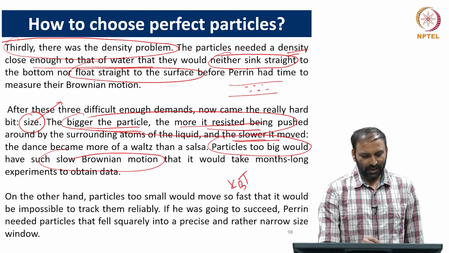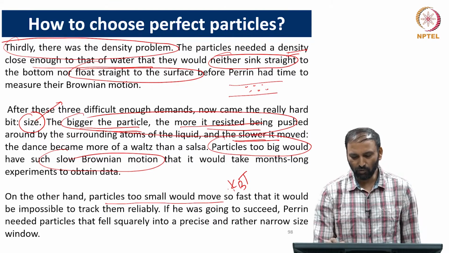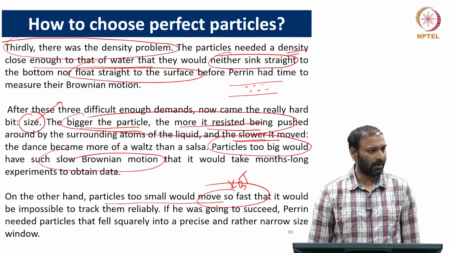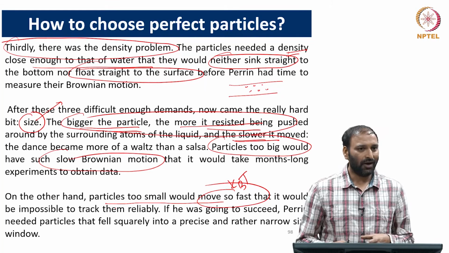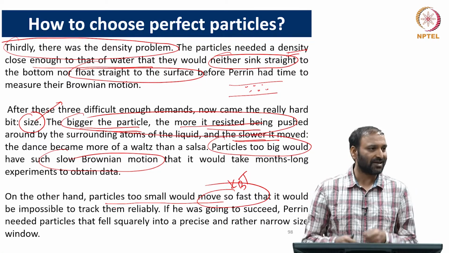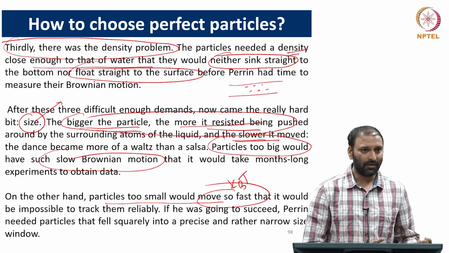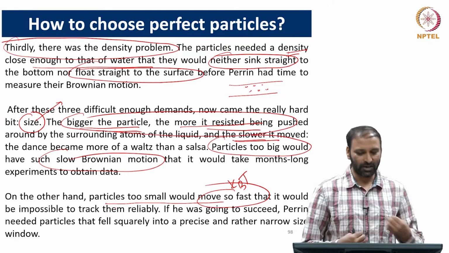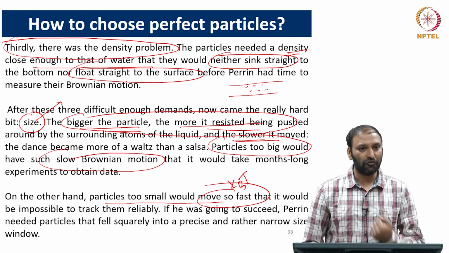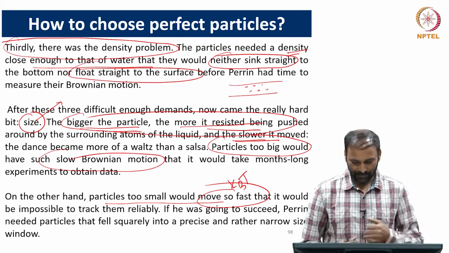Now, on the other hand, if the particles are too small, they would move very fast. Okay, and if it moves too fast, if you have a really good camera with which you can actually capture fast moving things, you can still do experiments. However, maybe at that point in time, he couldn't get away by using too small a size because they were moving too fast, and he really could not reliably track the particles.